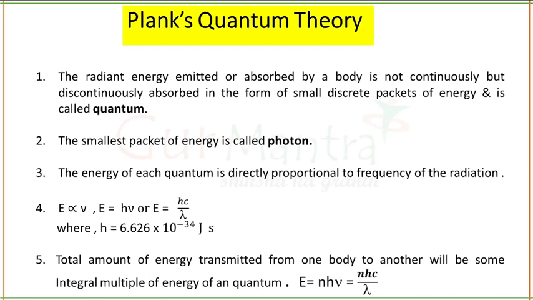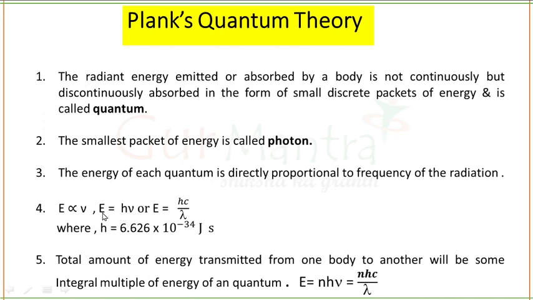When you remove the proportionality sign, you place a constant, small h, known as Planck's constant.